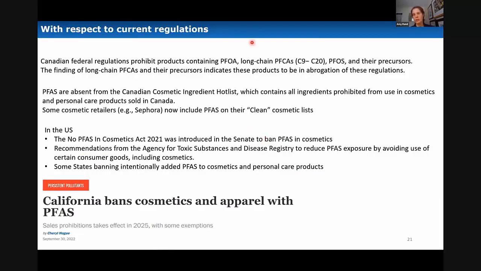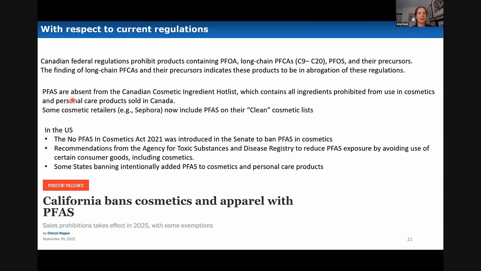Now, just quickly, with respect to current regulations, in Canada, the federal regulations prohibit any products that contain PFOA, long-chain PFCAs, PFAS, and the umbrella of precursors. So we found long-chain PFCAs and their precursors, some of which are ingredients in cosmetics, indicating that these products are in contravention of these regulations.